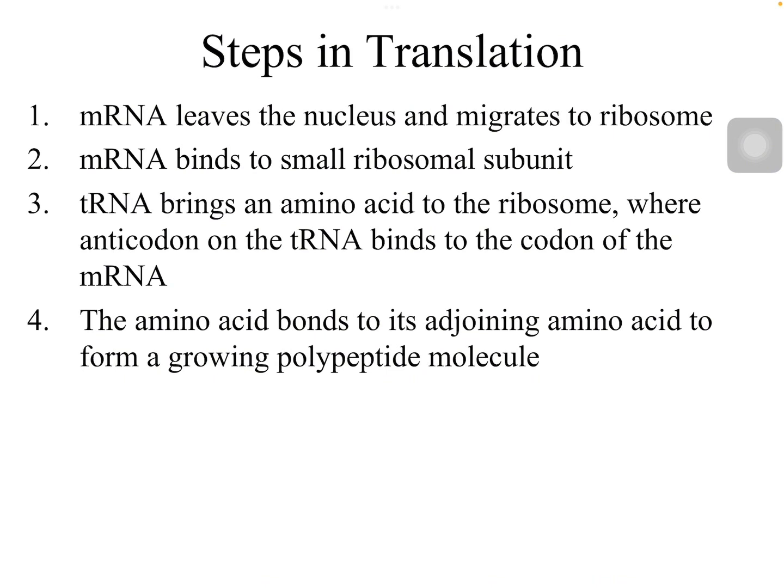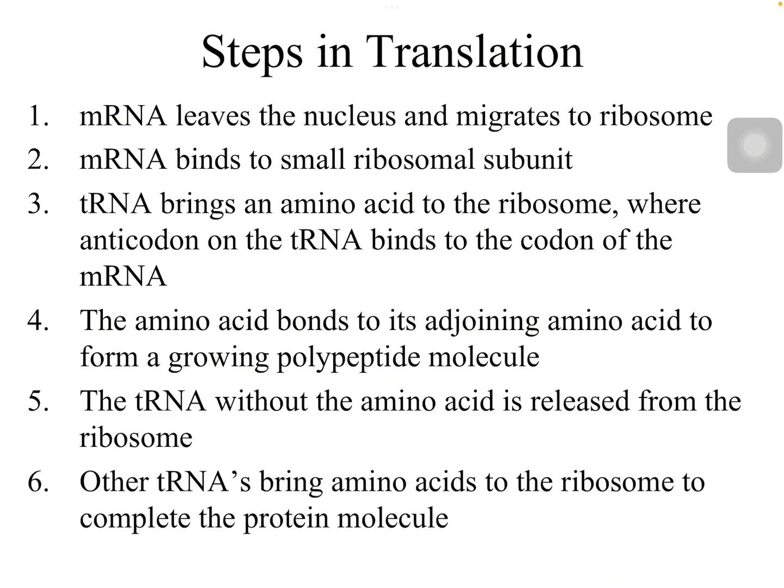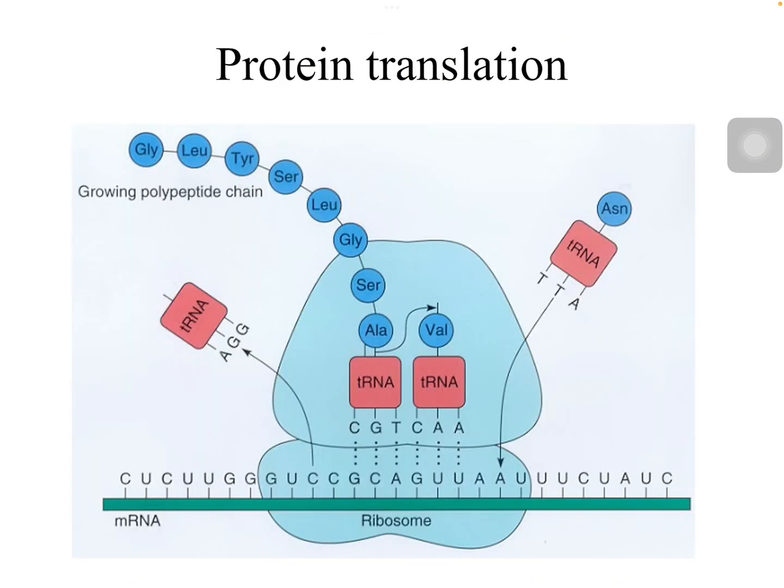Of course, wala na po siyang dalang amino acid. So, lastly, other tRNAs bring amino acid to ribosome to complete the protein molecule. So, that technically said na, of course, other tRNA, papasok na po siya dun sa ating ribosomal subunit. Okay? So, ito po yung protein translation.